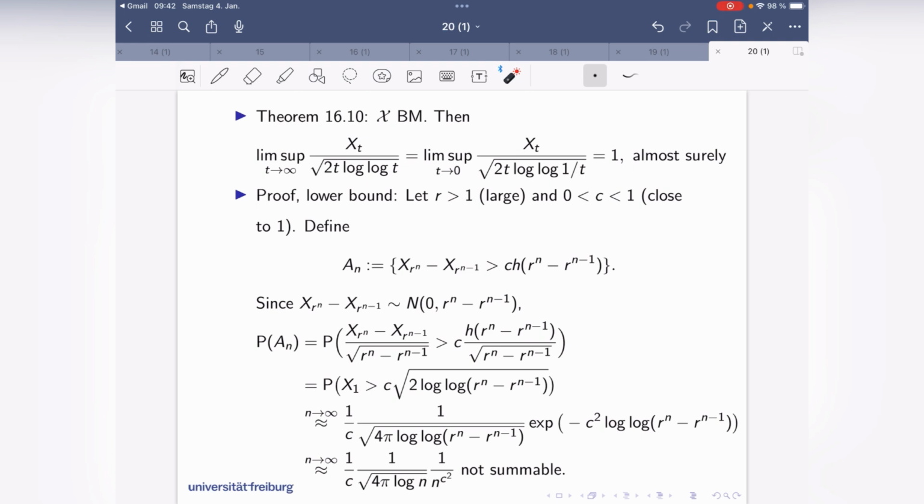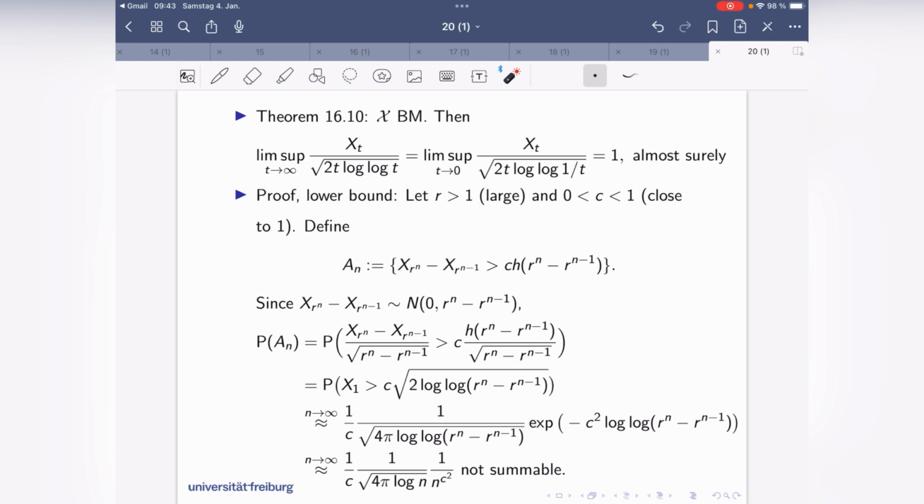Okay, we can compute nice things. So the probability of A_n: we can compute this because the increment divided by the square root of the variance has an N(0,1) distribution. So I divide by the square root here, because then I know what distribution the left-hand side has, that's X_1.